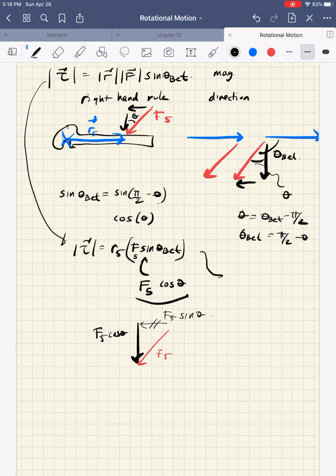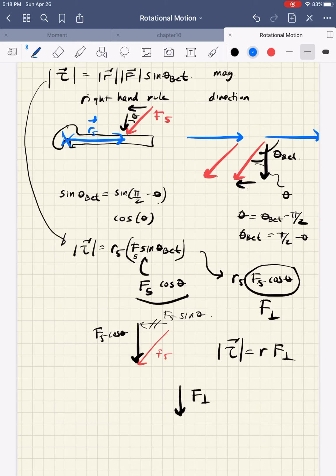So if the magnitude of the torque is represented by R5 F5 cosine theta, this is effectively F perpendicular, right? I could have written the magnitude of the torque as R times F perpendicular, and this would have been R5 right here, equal to F5 cosine theta in this case.